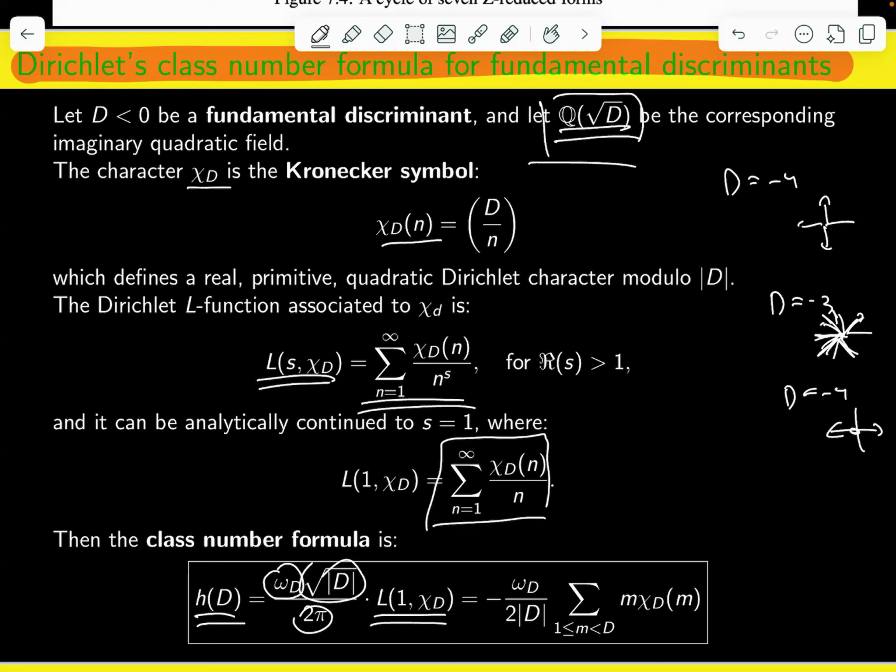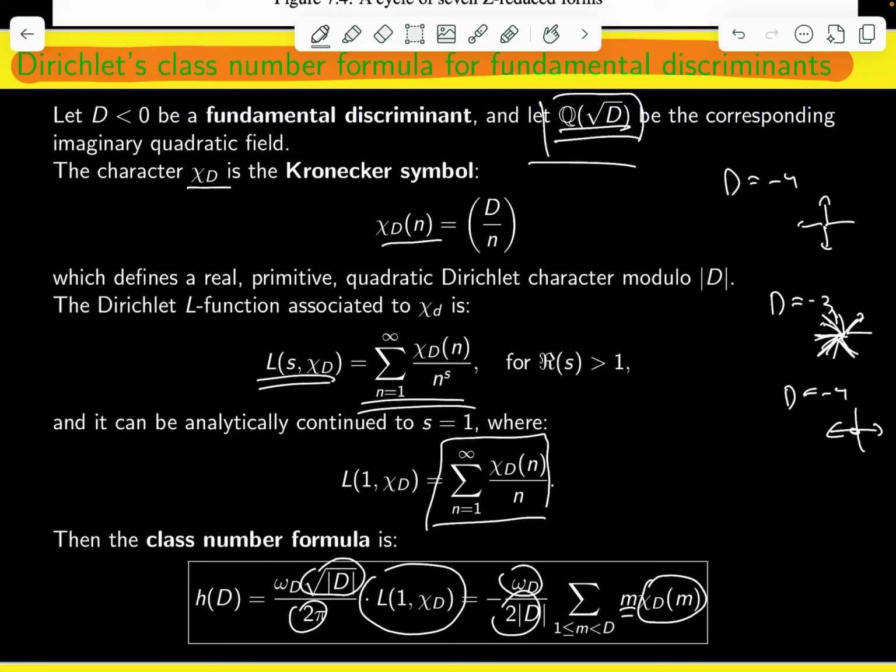But now you see, this formula is good, and it's miraculous, because h of d is an integer number, but on the right you have a lot of strange stuff. You have this number of units, which is an integer, but then you also multiply by square root of d, divide by 2 pi, and then you have this mysterious number L1 of chi d, which is just an infinite series. Then you can also rewrite it with a finite sum. Again, you have some constant, and here you have this chi d of m multiplied by m.